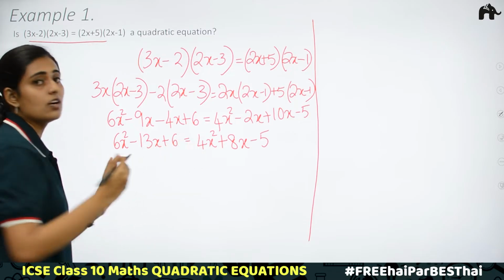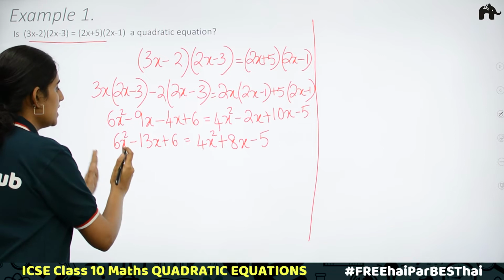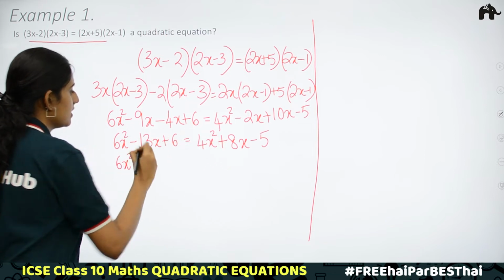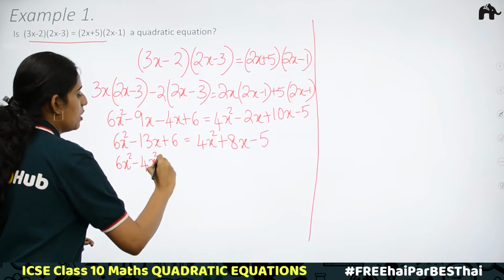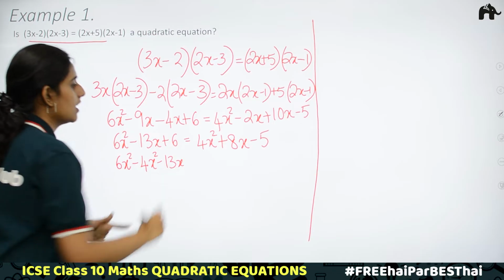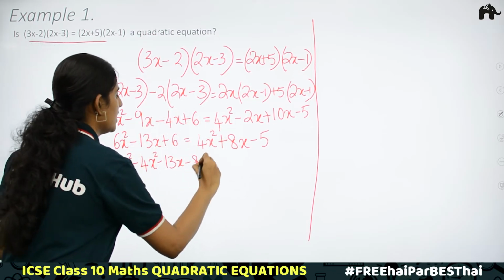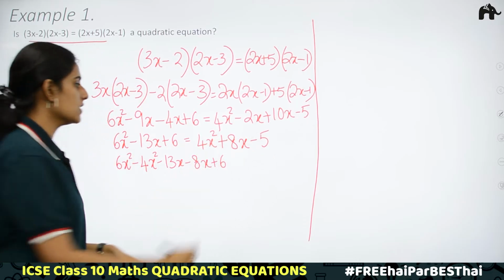Now bringing all the terms to the left hand side. 6x square, taking 4x square, it becomes minus 4x square. Minus 13x plus 8x becomes minus 8x. Plus 6 minus 5 becomes plus 5.